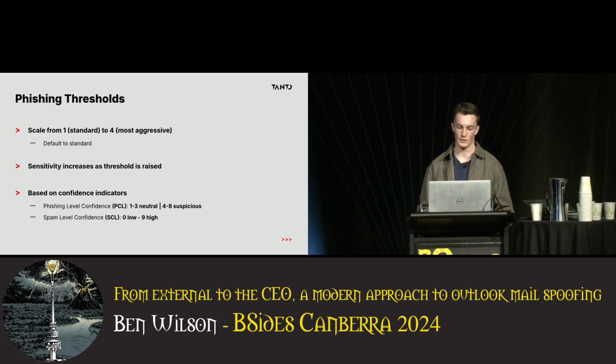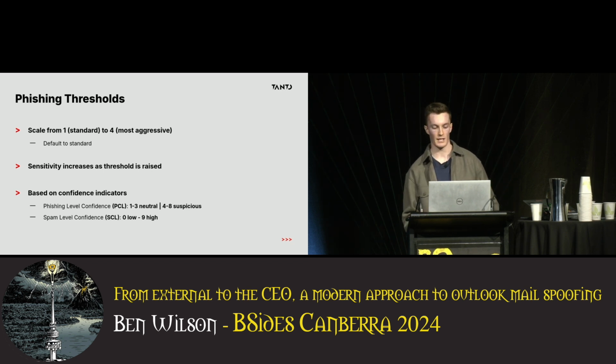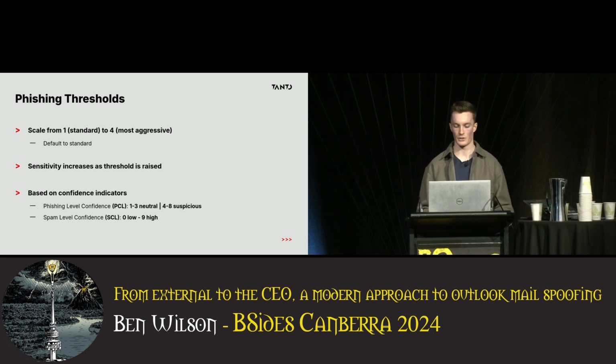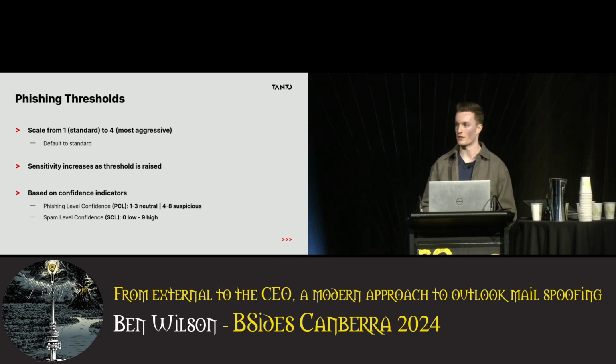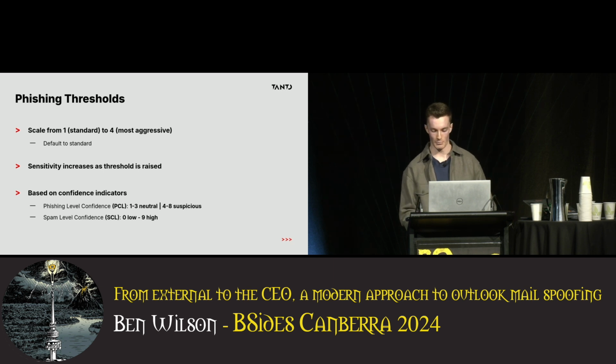The phishing ones are scored from 1 to 3 or 4 to 8, 1 to 3 being a neutral score and 4 to 8 being suspicious. And the spam confidence level score goes from 0 to 9, 0 is low, 9 is high. As you raise that phishing threshold, those lower scores will get treated as if they were higher scores, so it'll basically be extra scrutiny on each email to make sure that it's not malicious.